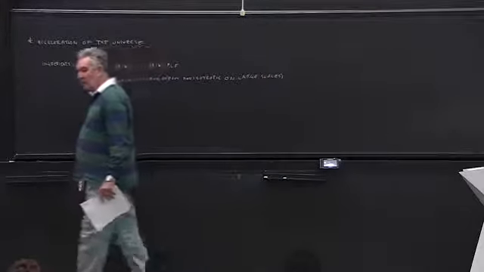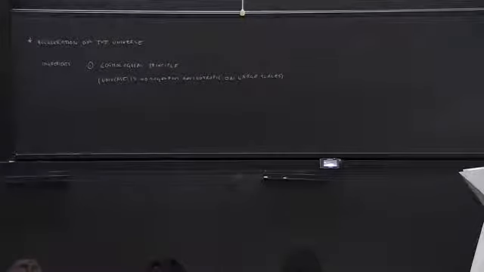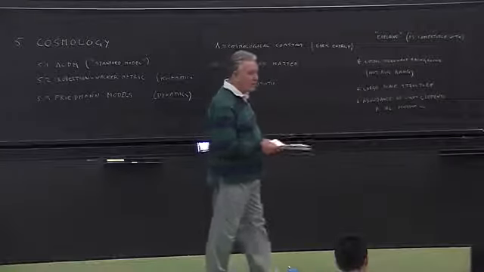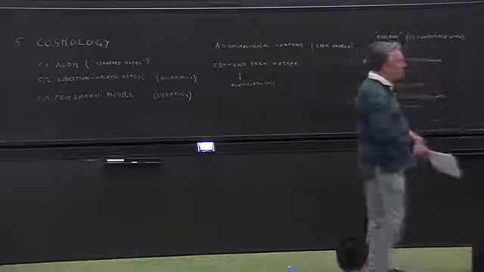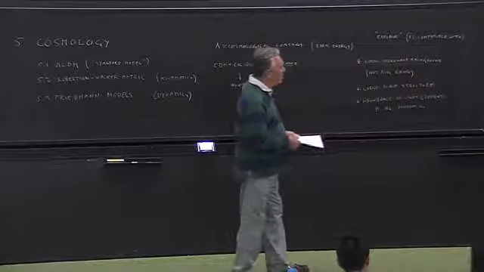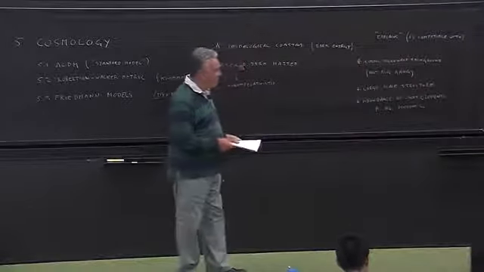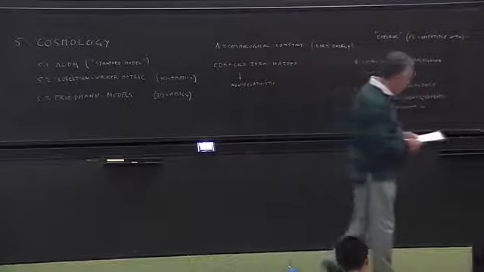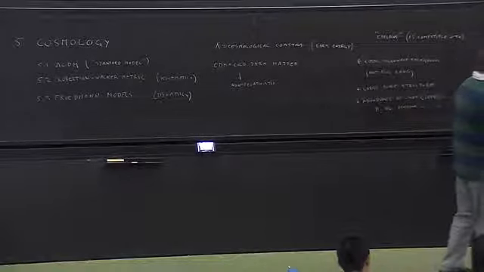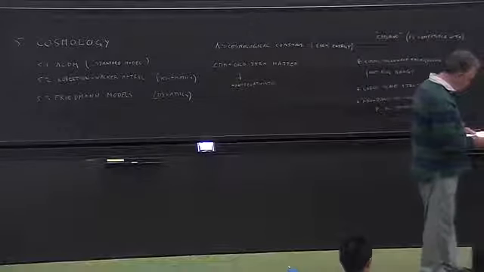Homogeneous means it doesn't matter where you are in the universe, it looks the same. Now, of course, on small enough scales, we know that isn't true. In the solar system, it doesn't look like when you're out of the solar system. But if you go on sufficiently large scales, the universe looks the same wherever you are, and it looks the same in whatever direction you look. And we'll give a mathematical meaning to that in just a few moments.